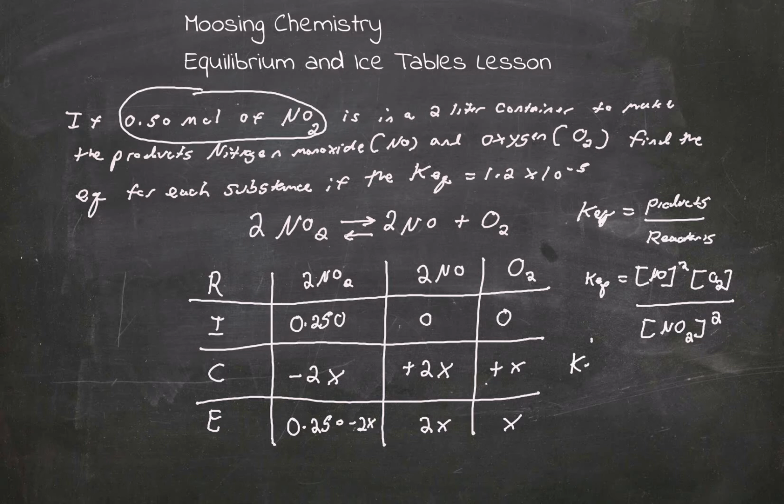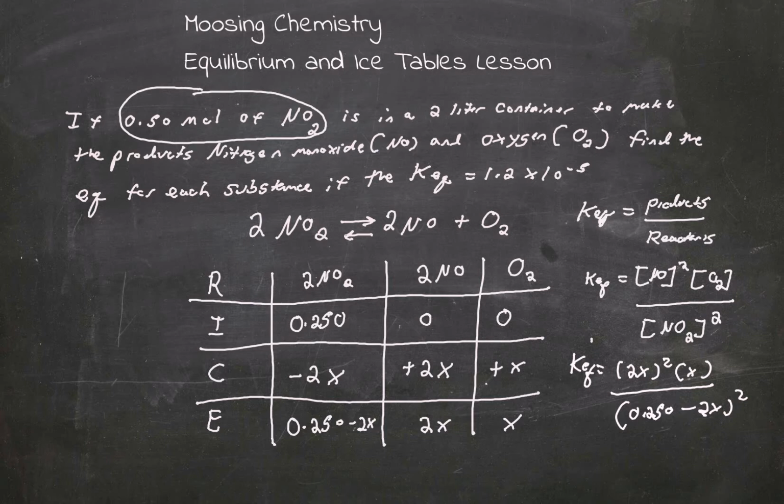KEQ is equal to 2x squared times x, and we're getting these numbers from our table, over 0.250 minus 2x, and then of course we're squaring that. All right, now we need to look at something here.